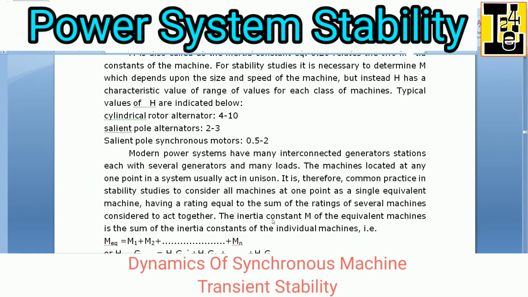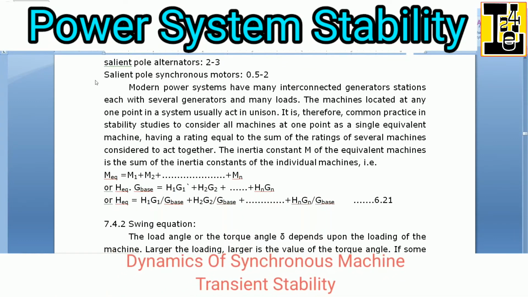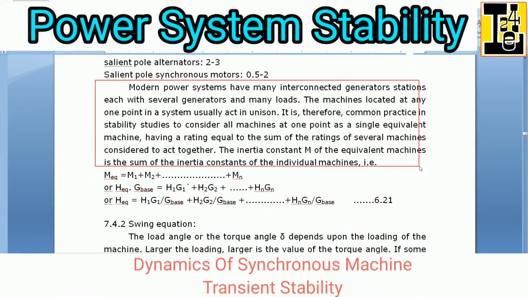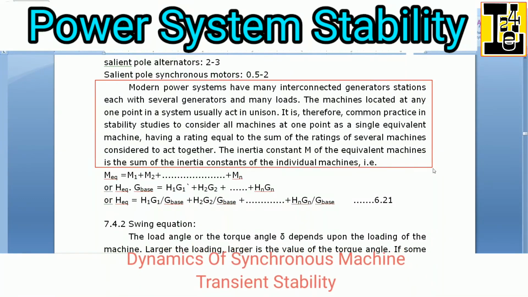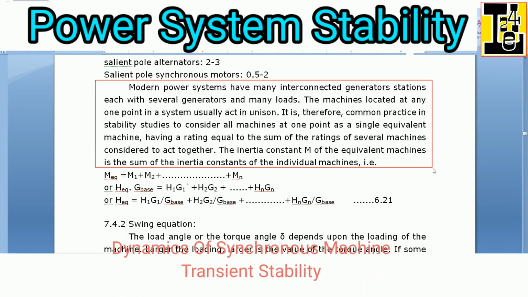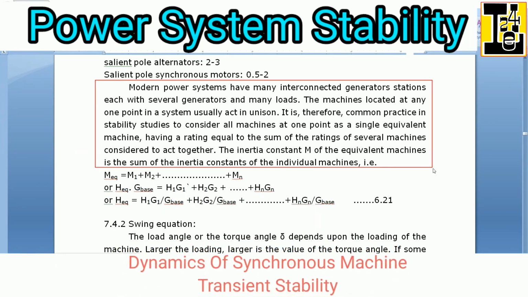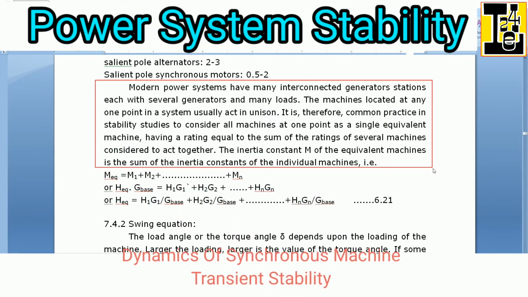Modern power systems have many interconnected generator stations, each with several generators and many loads. The machines located at any one point in a system usually act in unison.